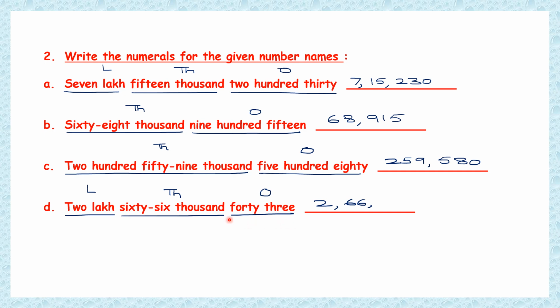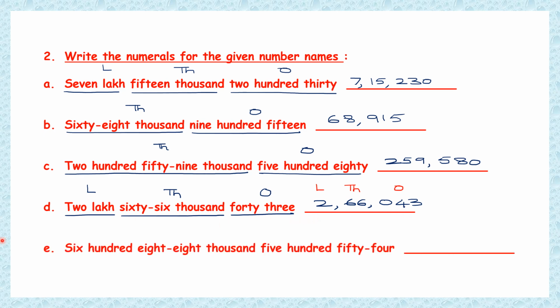That means what is missing here? The hundreds place is missing. So we have to put a 0 and just write 43. Let's read this number. So this will be 2,66,043. So the Indian system, a 6-digit number having 3 periods.